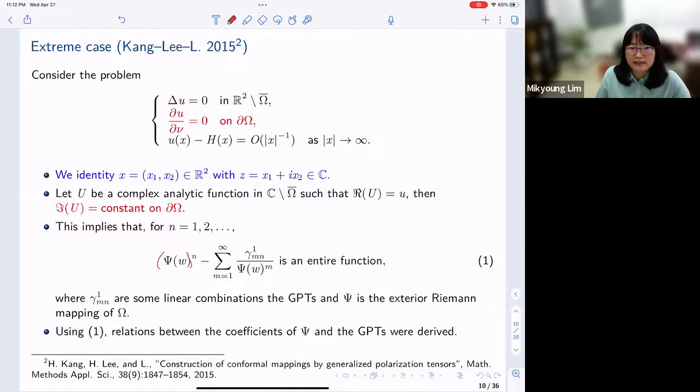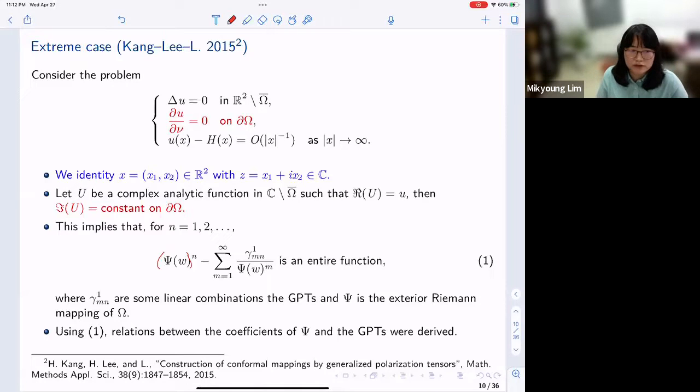Let me start with the easier case, that is the extreme conductivity case. This is work in collaboration with Professor Gang and Lee. And here, sigma is 0. So the normal derivative of u is 0 on the boundary of omega.